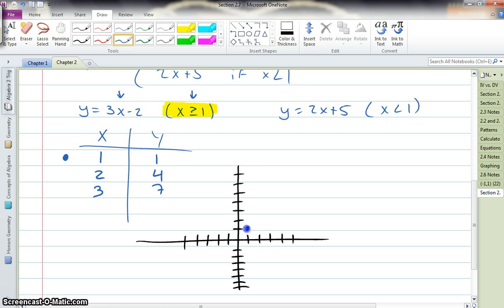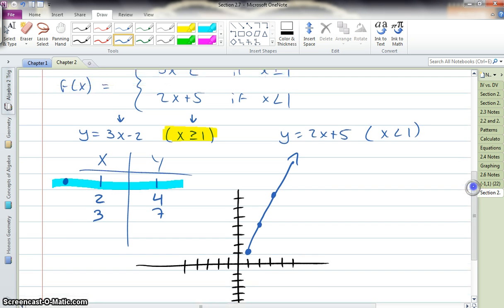So I have 1, 1, closed dot. This is the very important point. Then we have 2, 4, and we have 3, 7. Now you always start at your first important point, and you go in the direction of the other 2 points only. Start at the important point, go in the direction of the other 2 points only.